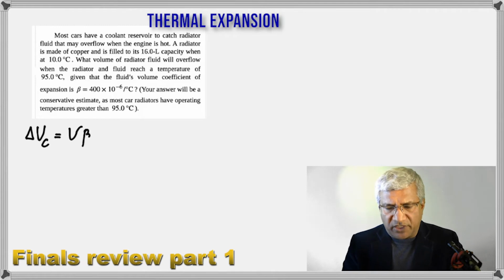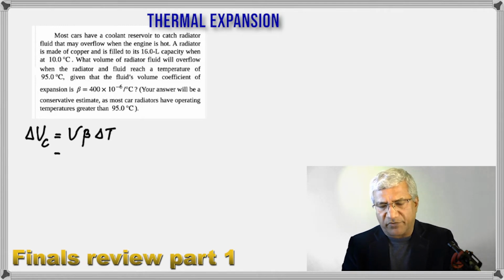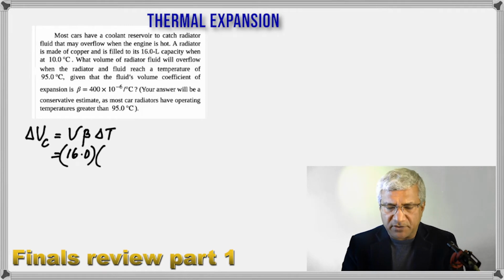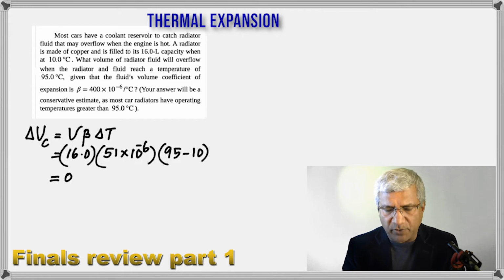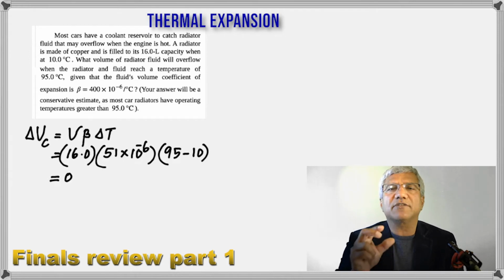So the C there is for the coolant. So change in volume of the coolant. We can keep it in liters. So 16 liter times the beta is 51 times 10 to the negative 6. Oh, wait. That is the change in volume of copper.